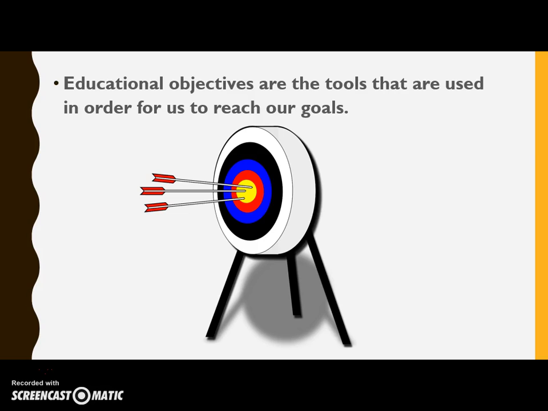Educational objectives would be the tools that are used in order for us as educators to reach our goals and to help our students obtain the goals that the state sets and that the federal government sets for the students as standards, kind of like Common Core objectives.